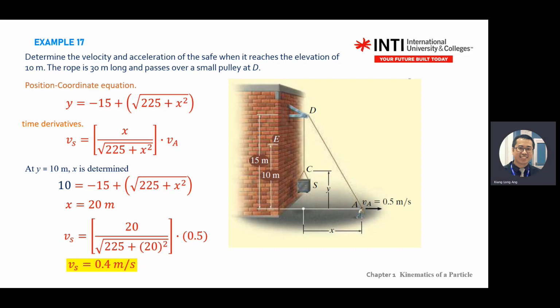Go up or go down? Go up. Why go up? How do you know VS positive value is go up? Where's the datum? Y going up is positive.